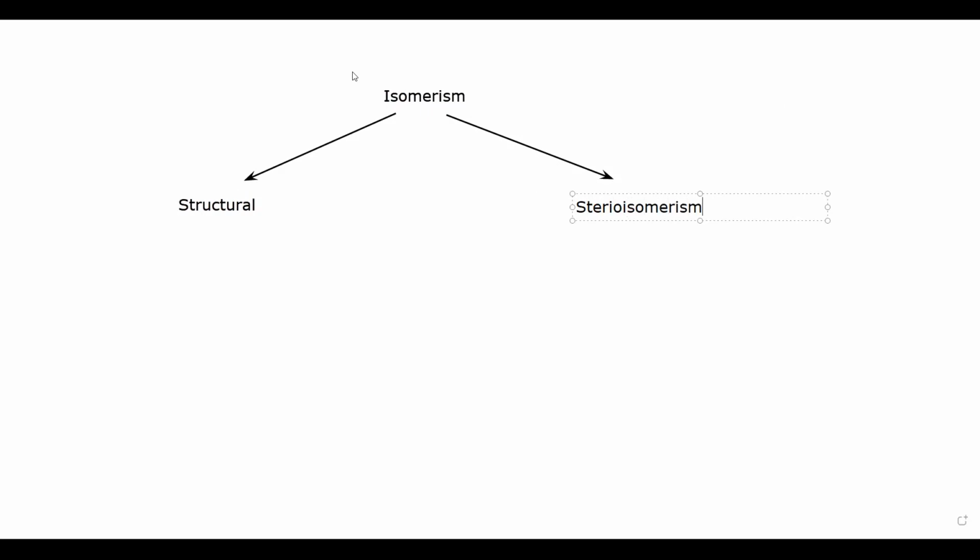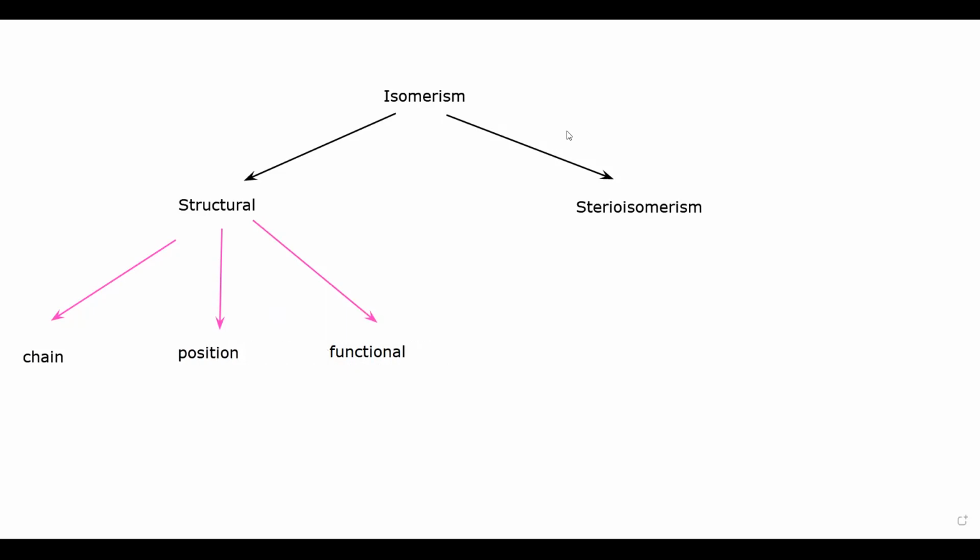And structural isomerism has 3 divisions. One is known as chain isomerism, position isomerism, and functional group isomerism. Chain isomerism means the carbon skeleton is different. Position isomerism means the position of the functional group is different. And functional group isomerism means the functional group is totally different.